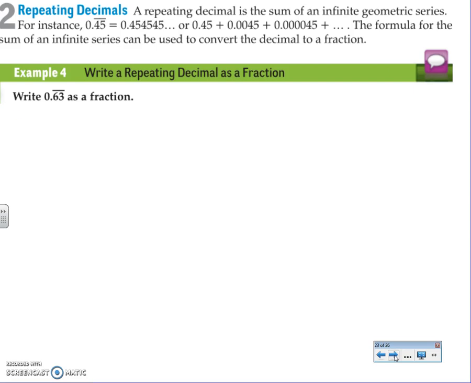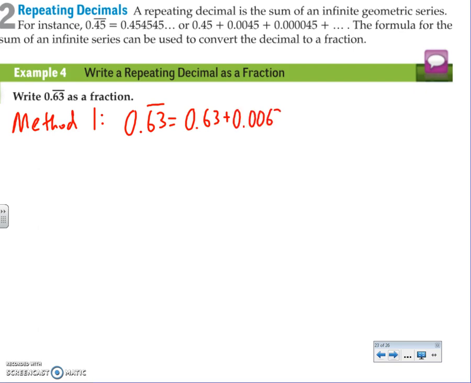There are two methods to do this. There's a formula we're about to use, so I call this method 1. We're going to write 0.63 repeating as 0.63 plus 0.0063 plus so on, where I just add 2 zeros.